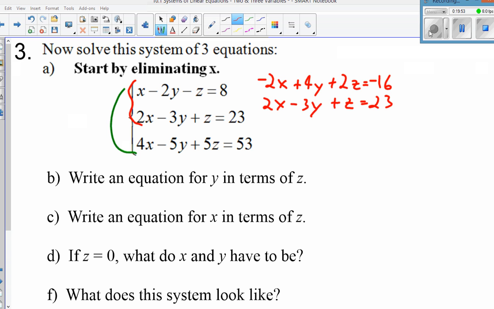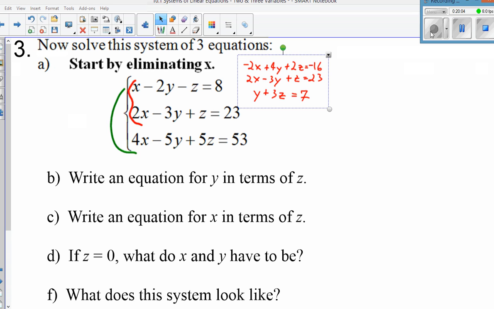And I get the equation y plus 3z equals 7. Okay, so I'm going to save that side, and then I'm going to go ahead and get my green one. The first one eliminated from that. So multiply the top equation by -4.